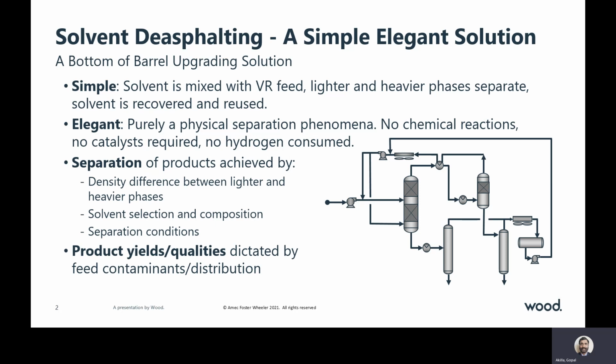Maximum desirable SDA product yield is directly dependent on the solvent-specific insoluble content which drops out. Qualities of the product are targeted based on the downstream unit requirements. I request the audience to refer to my other presentation about solvent selection criteria in solvent deasphalting, which shall provide insights in tailoring a solvent deasphalting unit to the various downstream unit product quality targets.